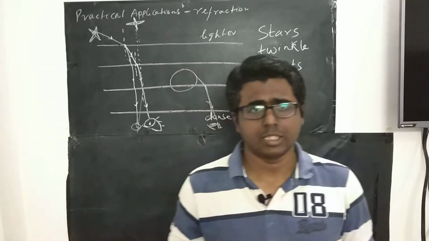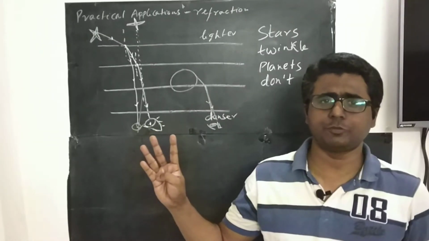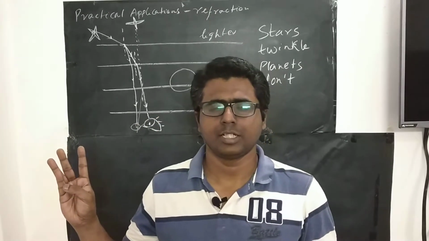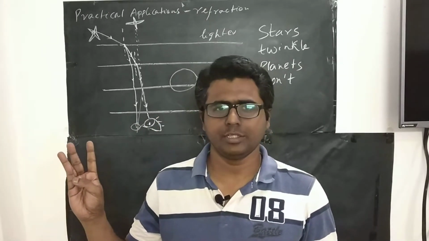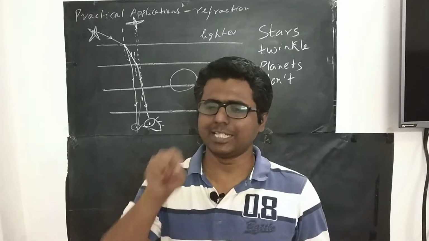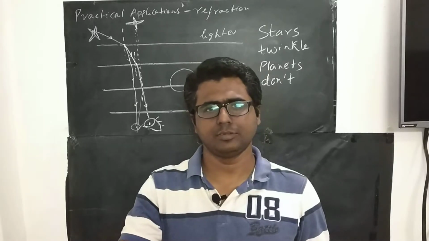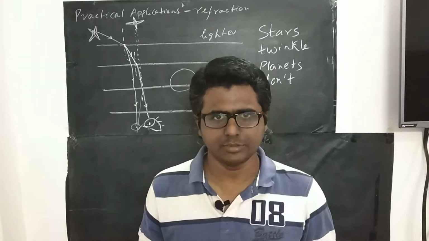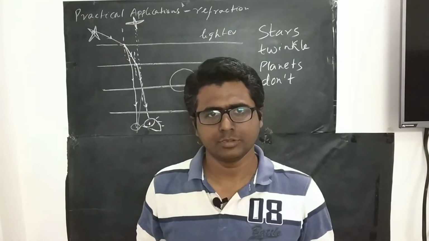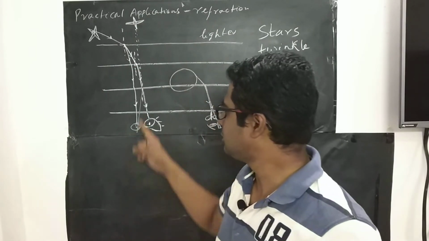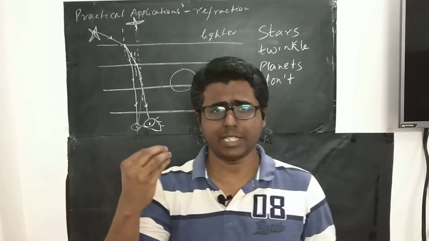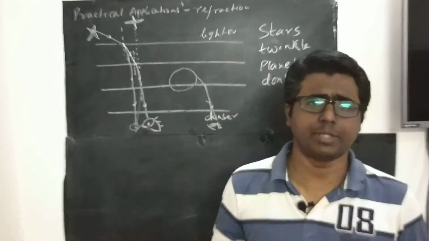So, there are many layers of atmosphere, there is change in optical density, light will be moving from one place to another, it will not be following a single path, the path of the light will be changing due to change in optical densities of so many layers of atmosphere. So, the stars will twinkle as sometimes light will come to my eye from the star and sometimes it won't.